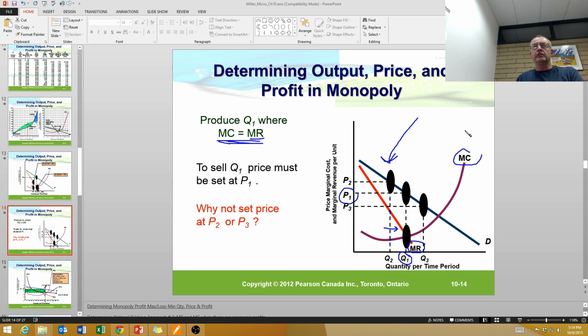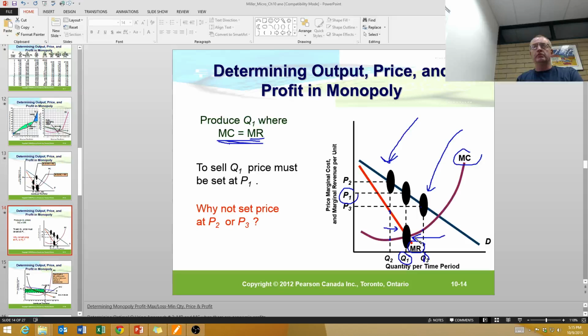Likewise, can we increase our total profits by charging a lower price and selling a greater quantity? Again, the answer is no, because at this output quantity and at this lower price, price 3, marginal cost exceeds marginal revenue, and so we're losing money on these additional units, and we can increase our profits by reducing our losses by producing a lower quantity.